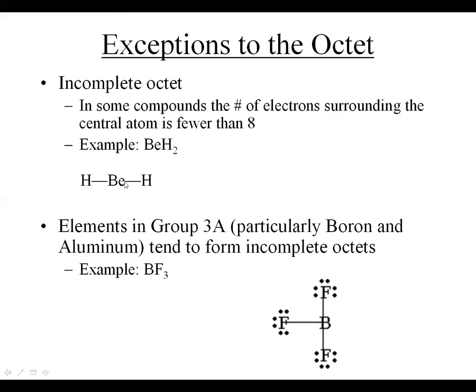So it does not need 8. It's perfectly happy with it. Really, the most common one that you see have less than 8 is something that has boron in it. So somebody that has boron, like we got down here, also very commonly makes an incomplete octet. So as we can see here, boron trifluoride has only 2, 4, and 6 electrons around it.